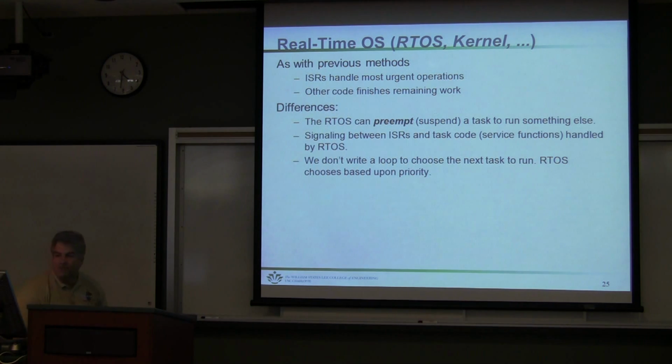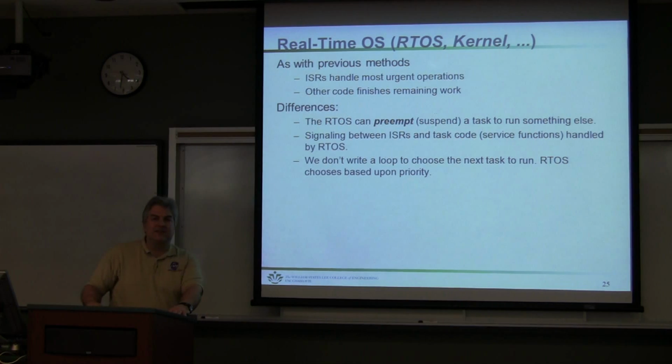Now, when you buy a real-time operating system, what we call an RTOS or a kernel, usually all the work has been done for you, and what is provided to you is some sort of mechanism to do the scheduling by saying, all right, this task has first priority, this one has second priority, this one has third priority.